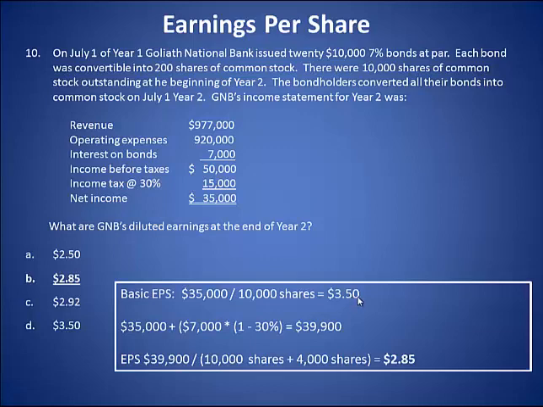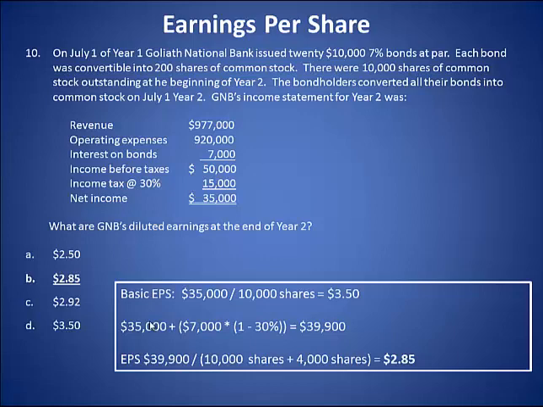But in the case of our diluted earnings per share, it's going to be our $35,000 of net income. Now we're assuming that the bondholders did convert all their bonds into common stock as of July 1st of year number 2.